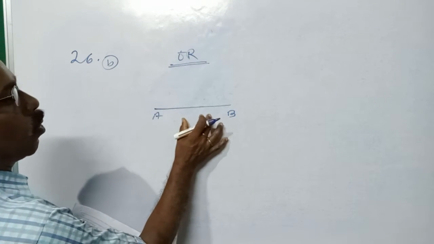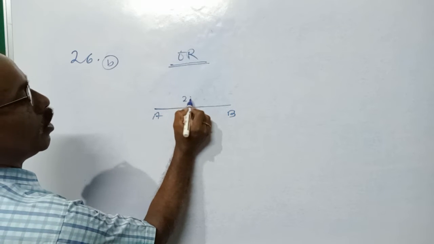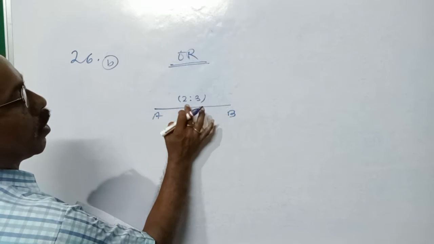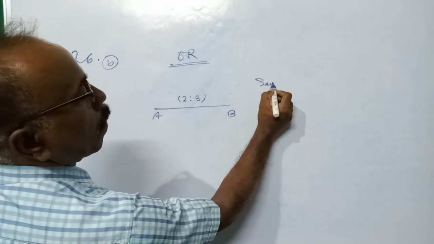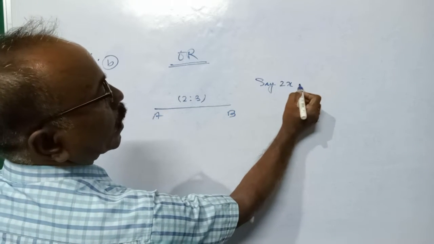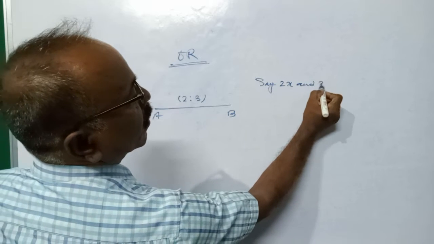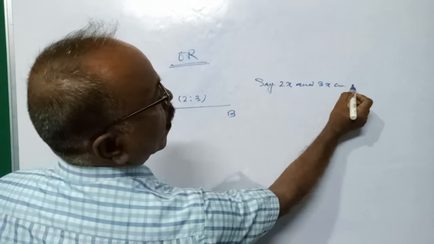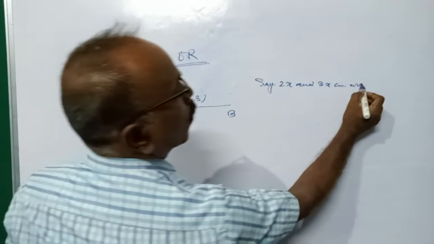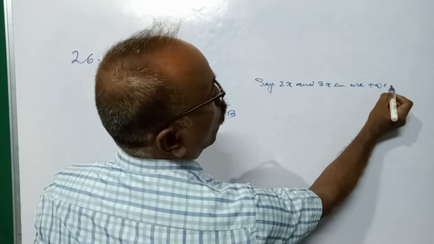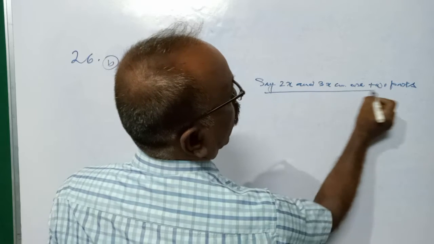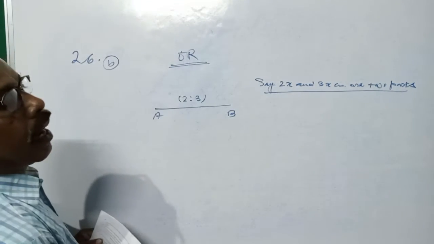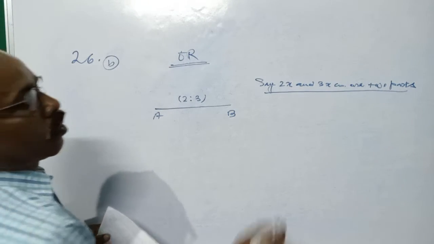We want to divide it in the ratio 2:3. Say 2x and 3x cm are the 2 parts. Am I clear?